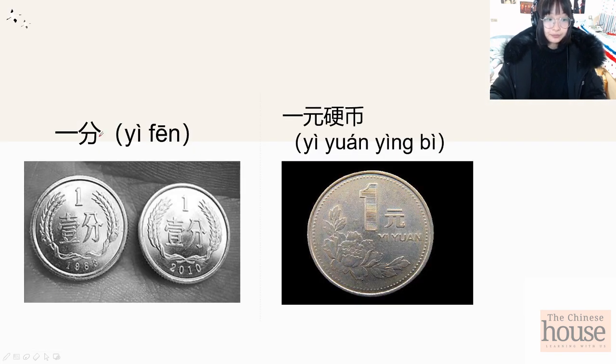And this is 一分. Not yī fēn, because this is flat tone, it becomes yì. And this is 一元硬币. We just learned that 币 means currency, money, and 硬 means hard.